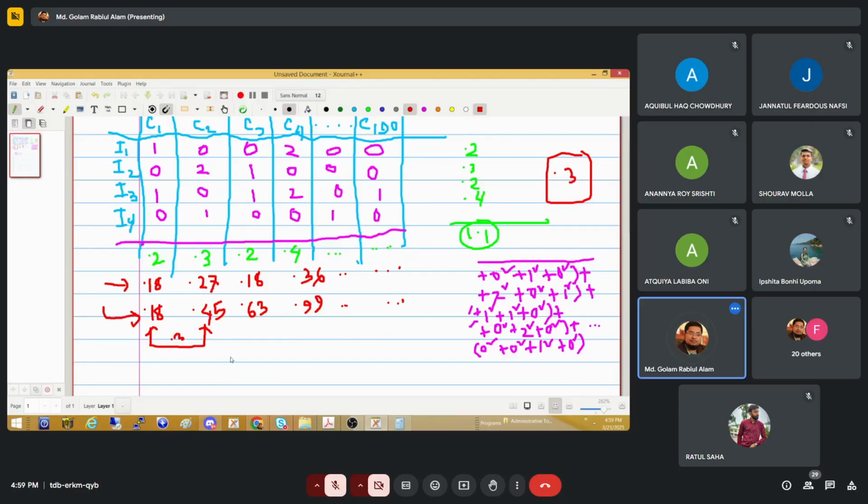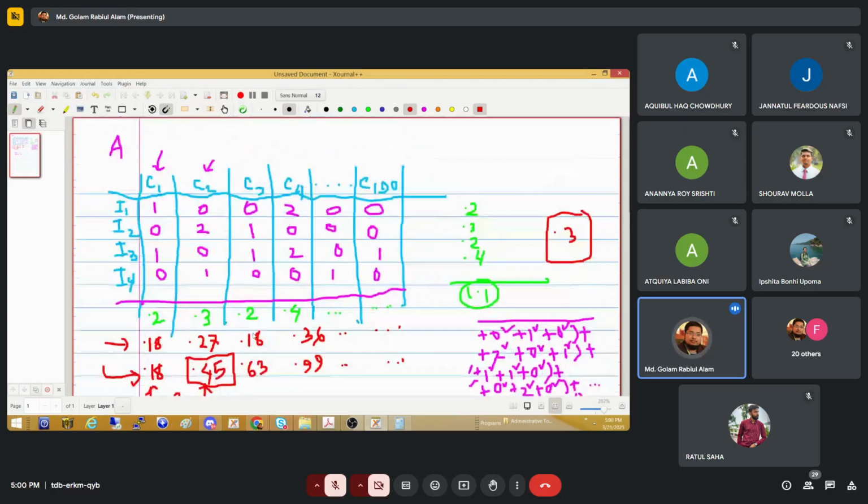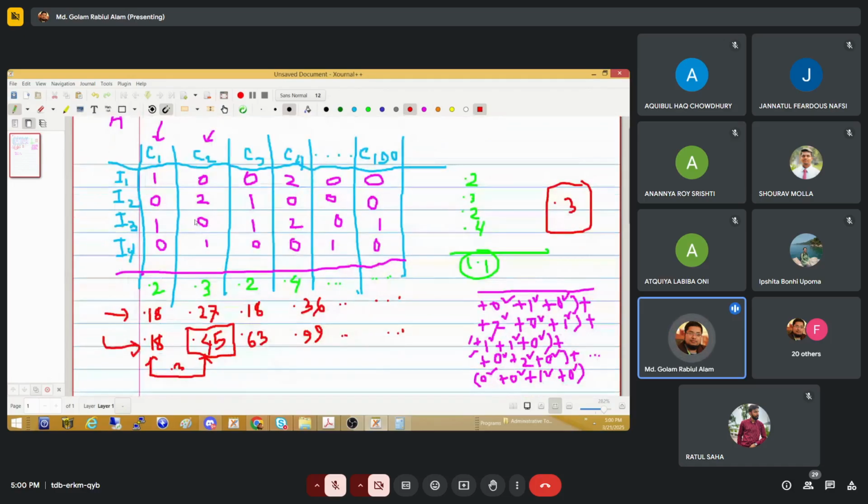Then we find the upper bound of our interval, and take the column that belongs to the upper bound. So we select this one, column number 2.